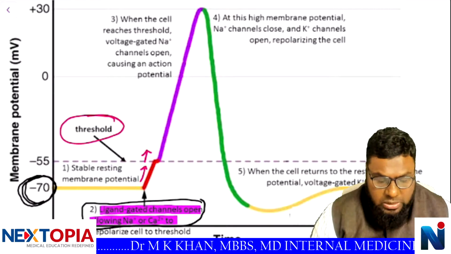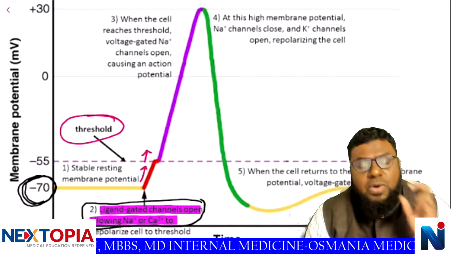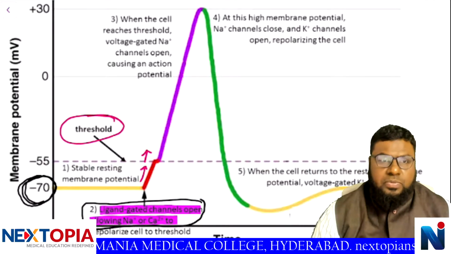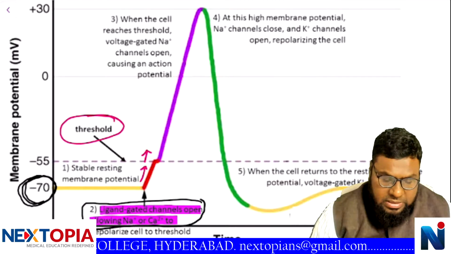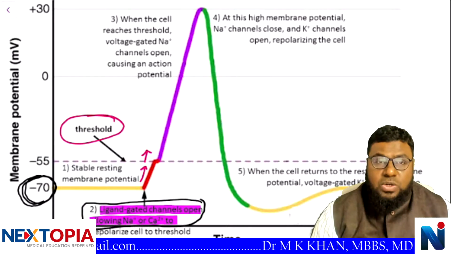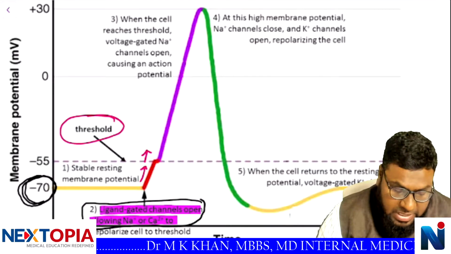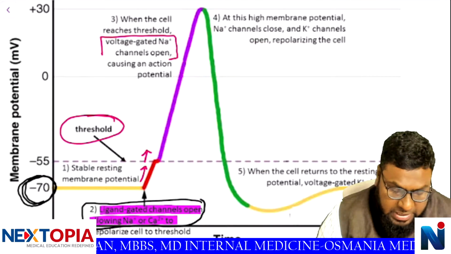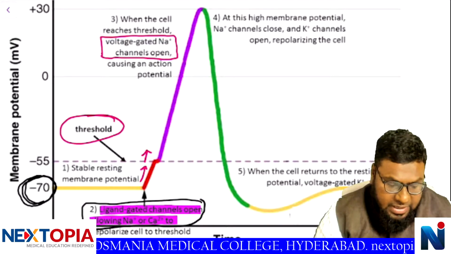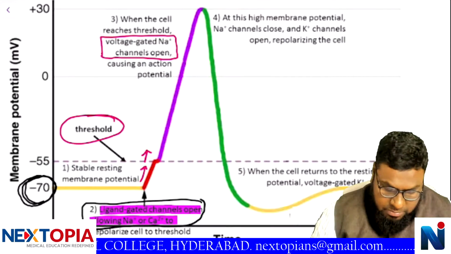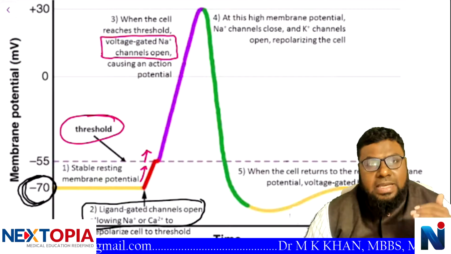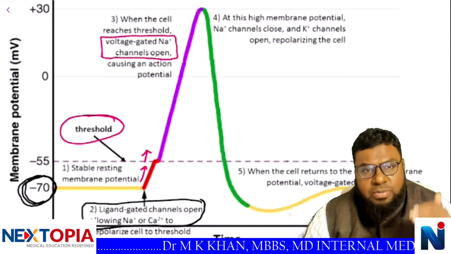This is called threshold. Threshold means the minimum amount of potential that is required to begin the action potential. After this, when the cell reaches the threshold, it helps in opening up of voltage gated sodium channels. This point you have to understand. Initially, ligand gated channels have played an important role in bringing the potential from minus 70 to minus 55.